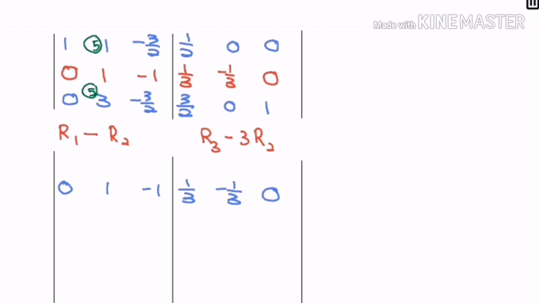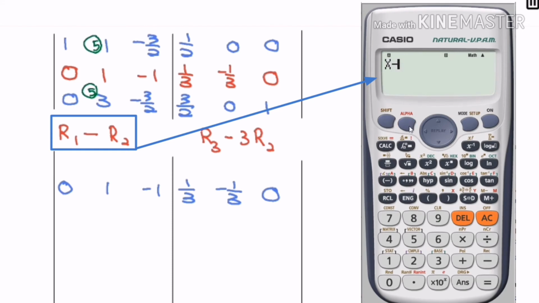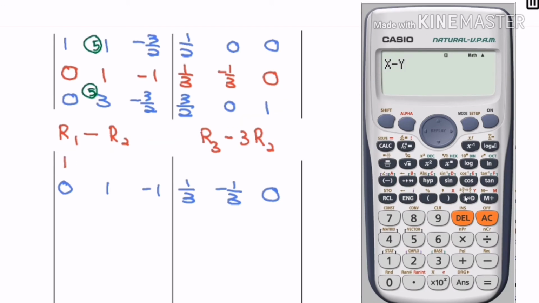Okay, so first you have to key in R1, we let it be x, minus y. Y becomes our R2. So repeat the same thing. So for sure, here becomes 1, here becomes 0, and then these two automatically become 0.